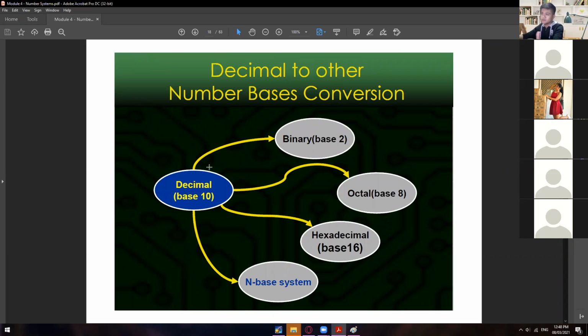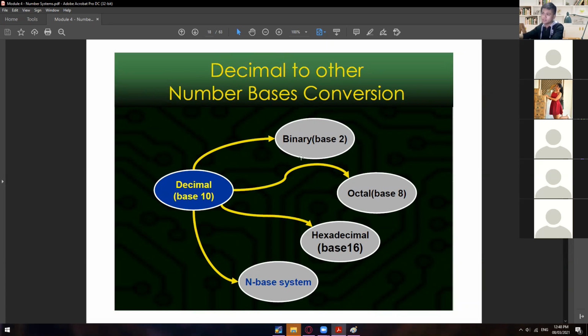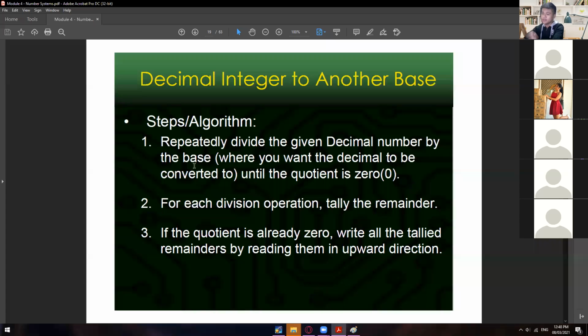And then here are some of the things that you can also do, wherein you can convert a decimal into any base. Before, we converted any base to decimal, so now it is the opposite that we're going to do. Right now we can convert any decimal into any base: binary, octal, hexadecimal, or any base. All right, and then here are the steps on how to convert a decimal to any base.